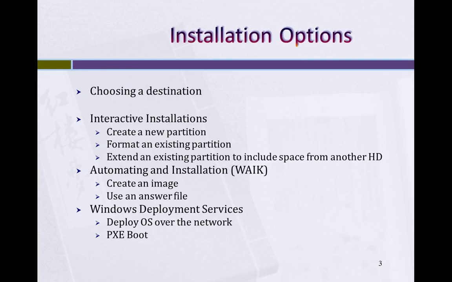For our class, we're going to do the interactive installation, and in here, you've already started this. You inserted the Windows Server DVD, or used an ISO file, which is an image file that you can actually burn onto a DVD if you wanted to.